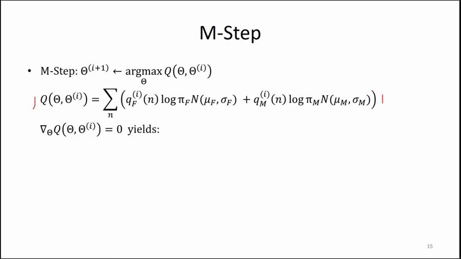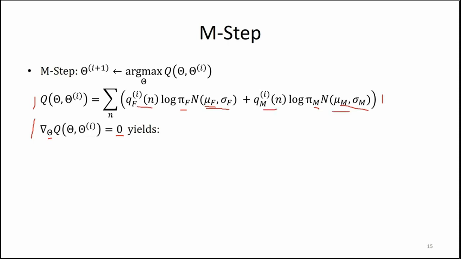How do we do the maximization? We take the derivative of the Q function with respect to the parameters theta and set it equal to 0. This derivation is pretty long, so I'll skip it, but these are the variables: pi f, pi m, and mu f, sigma f, mu m, sigma m.